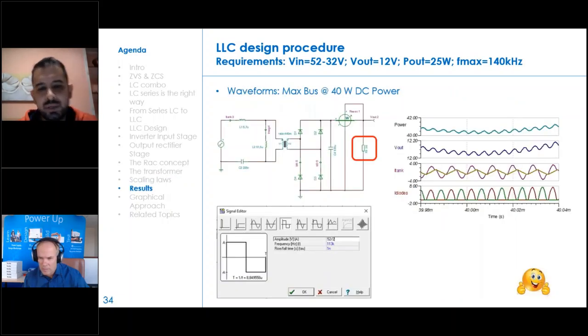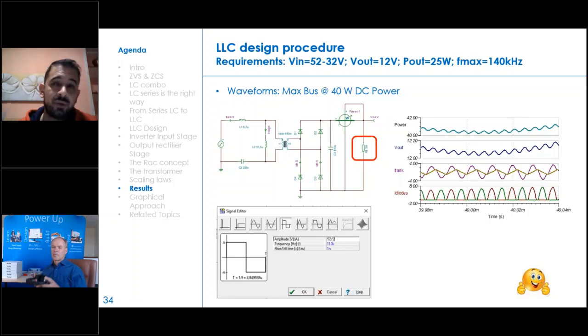Here we go with results at maximum bus. Note how we get a good voltage regulation with a maximum DC power equal to 40 watts. Recall why 40 watts? Careful here.